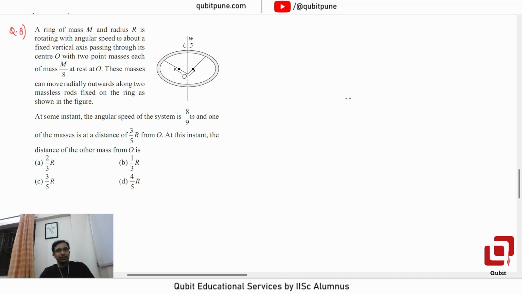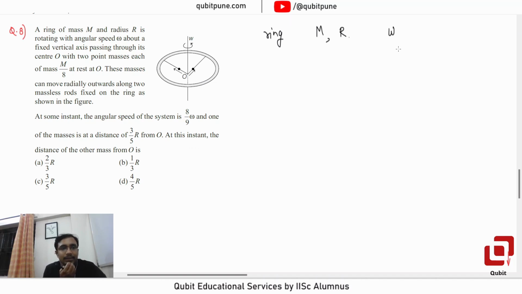Okay, so clearly this is a problem on rotational motion. So how many bodies do we have? Constituent bodies are 3. There is a ring, mass capital M, radius capital R. It is rotating with angular speed omega about a fixed vertical axis.